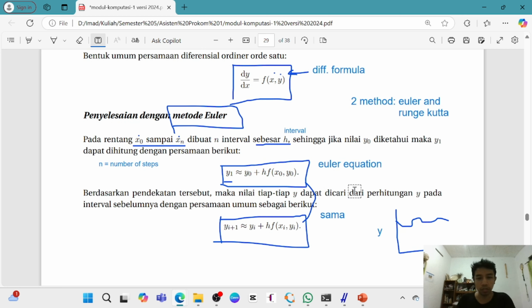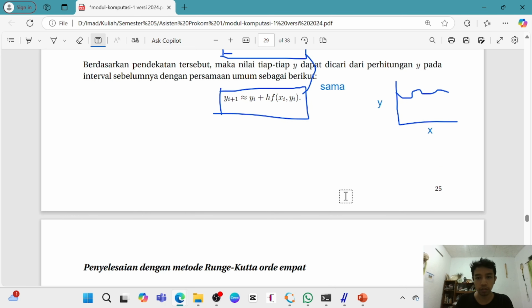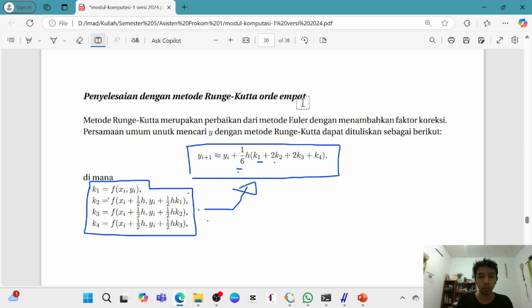Okay, maybe we go to the next method. This is maybe clear. And this is the Runge-Kutta. Runge-Kutta is a little bit more complex than the Euler, but not too complex.